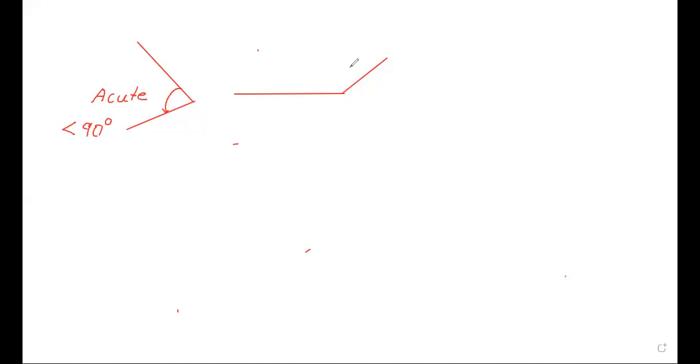An obtuse angle is more than 90. It's greater than 90 degrees and less than 180.